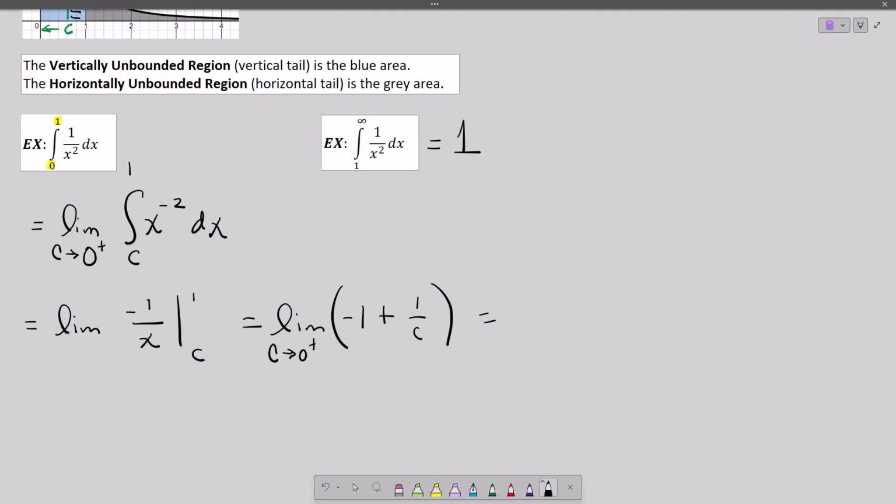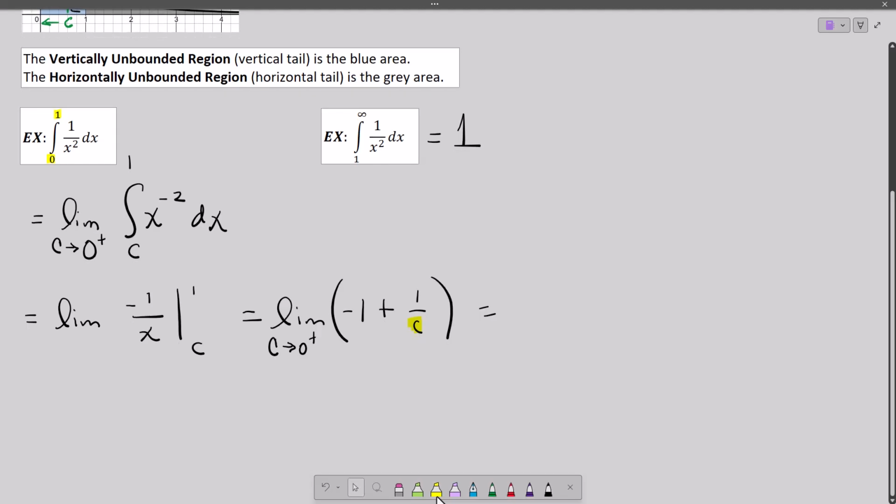All right, so calculating this limit. Limit of negative 1 is a constant, it's itself. The obvious problem is over here. It's not going to infinity though, right? We're letting c go to 0. So when we think about the denominator going to 0, that means the fraction values are getting bigger. If c is 1, the fraction value is 1. If c goes to 0.1, then your fraction value is 10.